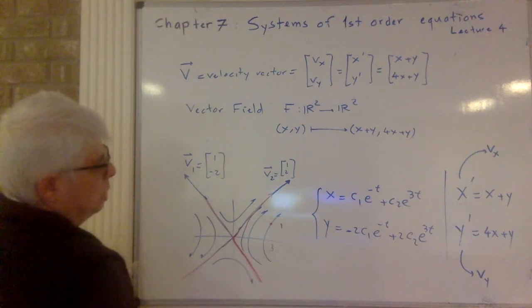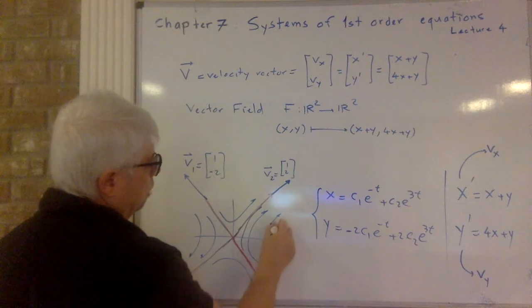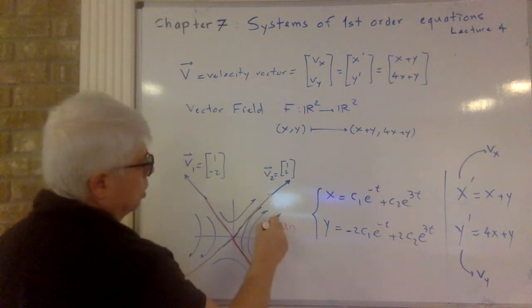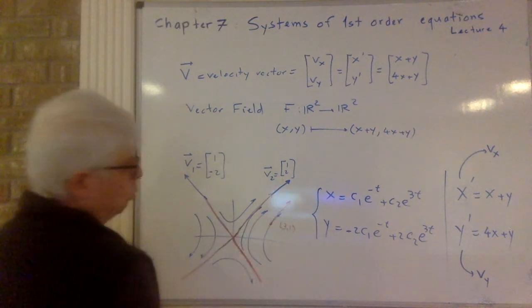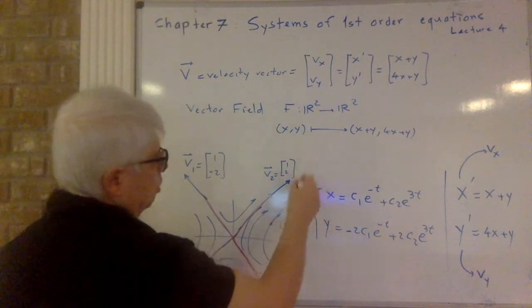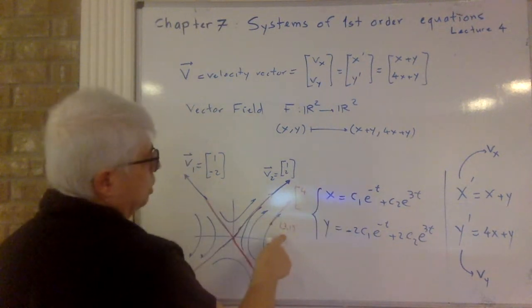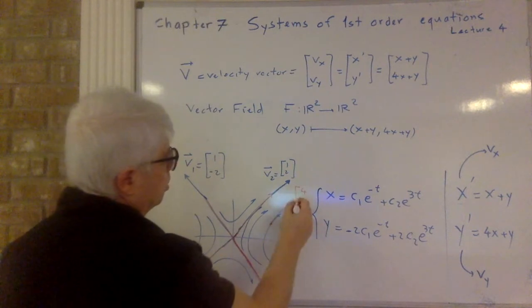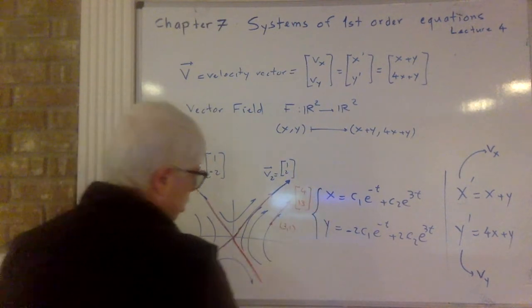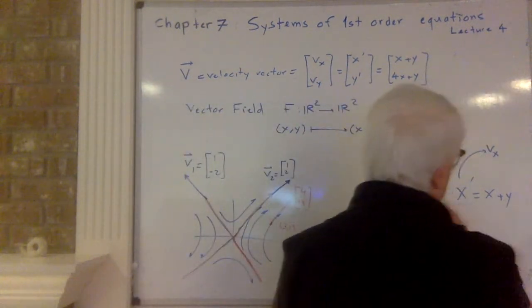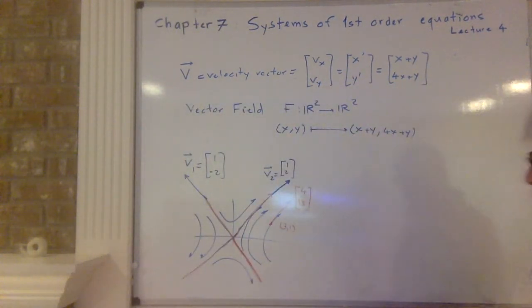So this point is 3 and 1, then the velocity vector will be 4, 3 plus 1 is 4, and 4 times 3 is 12, plus 1 is 13. Okay? So for the point 3 and 1, we have this velocity vector. And that's tangent to the trajectory.